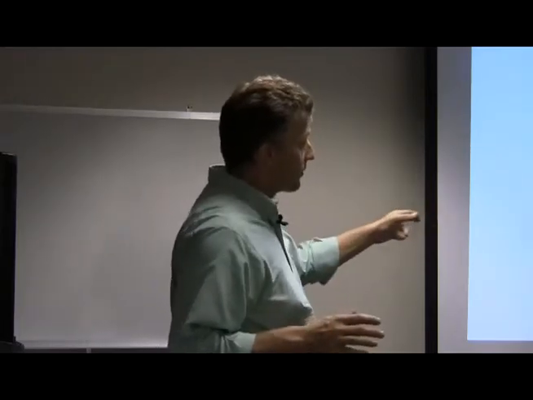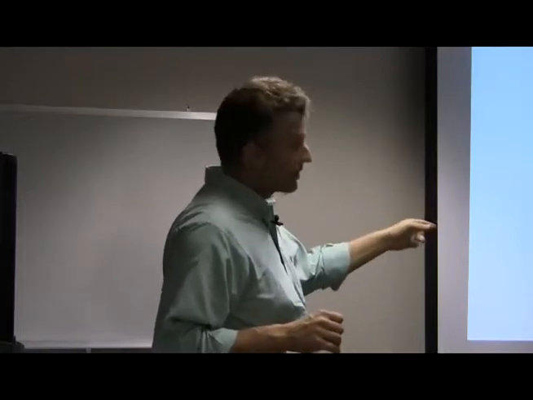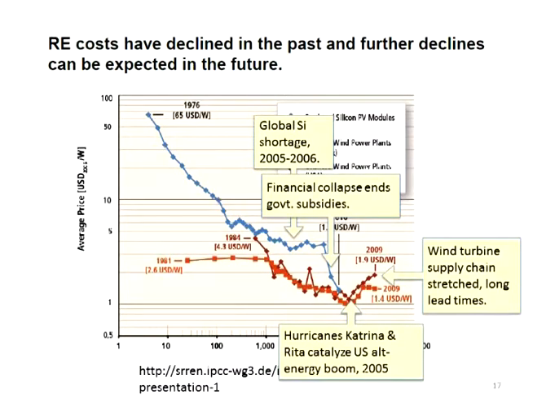Once the silicon shortage was over and they brought new silicon production online, we see those prices collapse. The blue line just falls off the cliff right down into the same valley where we've plotted the hurricanes Katrina and Rita. Now, this is not on the x-axis. This is not time.